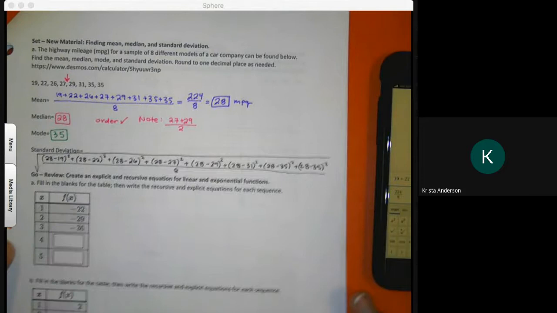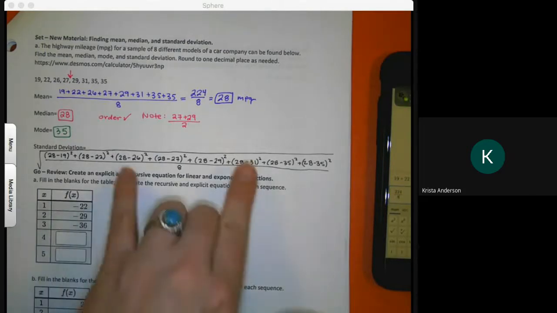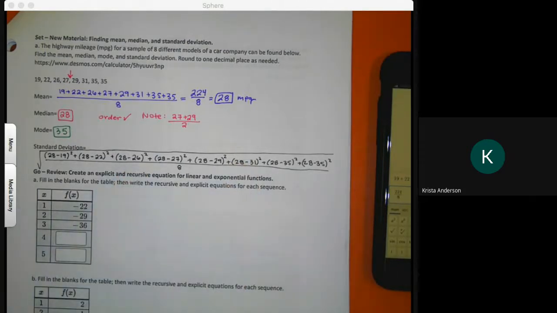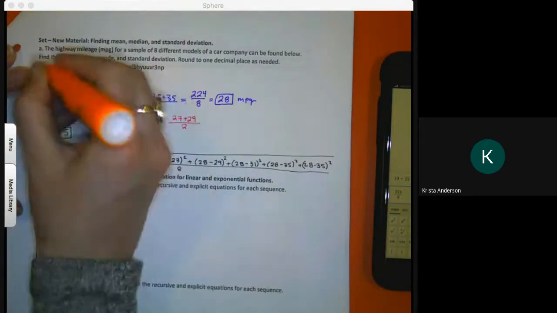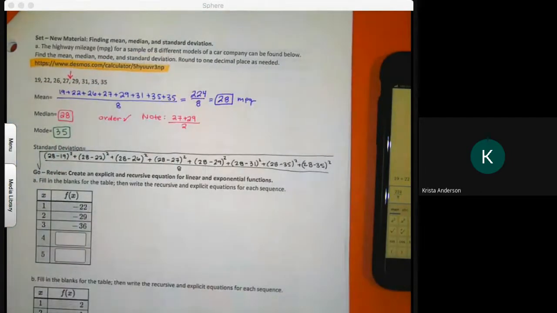How many of you would want to type that in? Okay. So instead of typing this whole thing in, I programmed your calculator that you have been using. It's the exact same calculator that we've been using before the break.